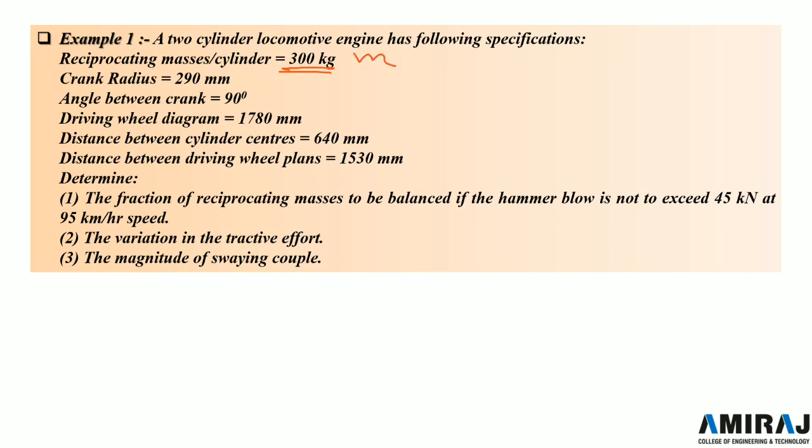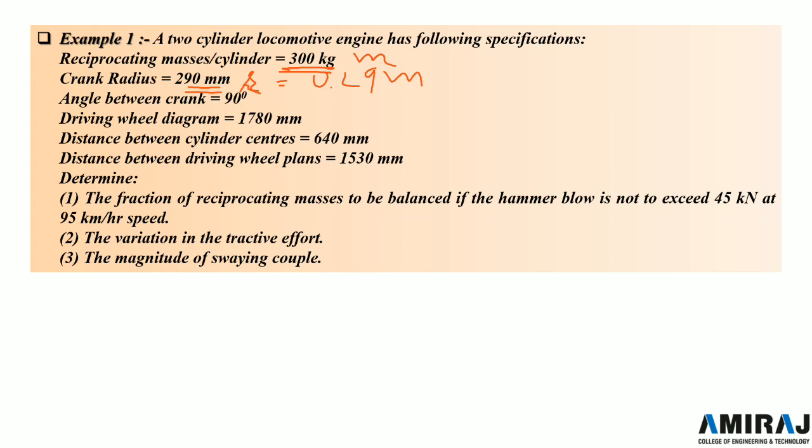Then the crank radius, small r, is given in mm, and we have to convert it into meters, so it will be 0.29 meter. Then the angle between cranks is 90 degrees, that is theta.